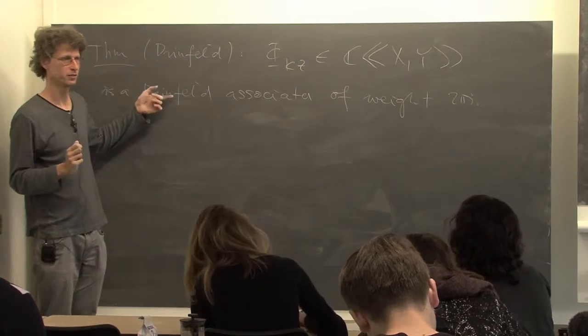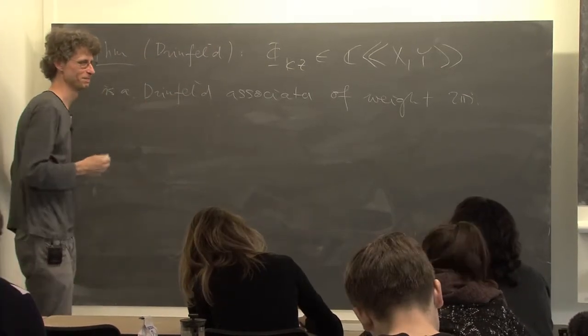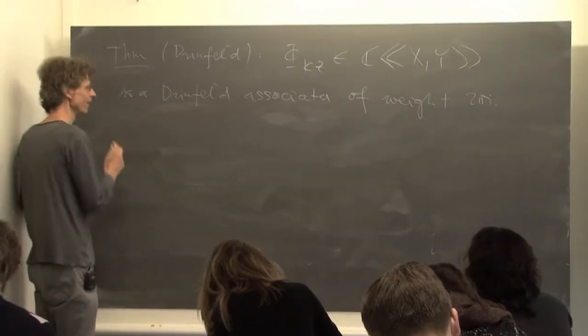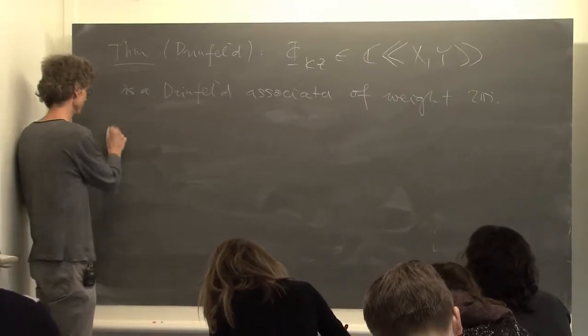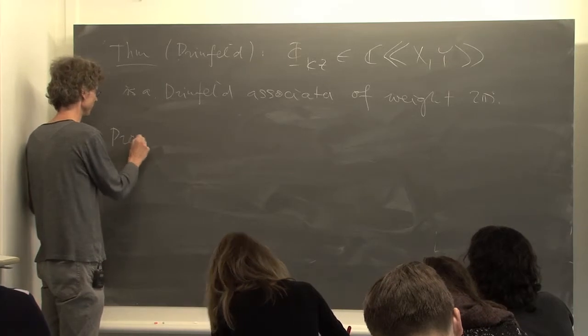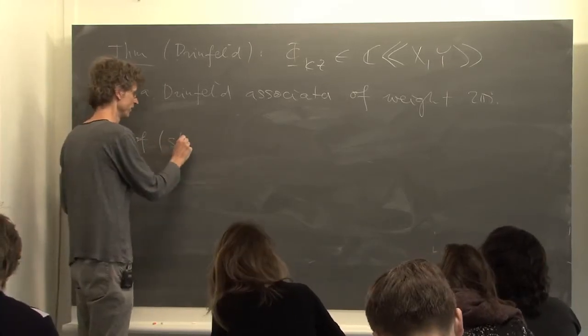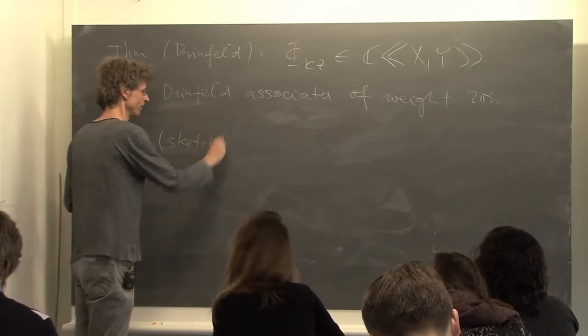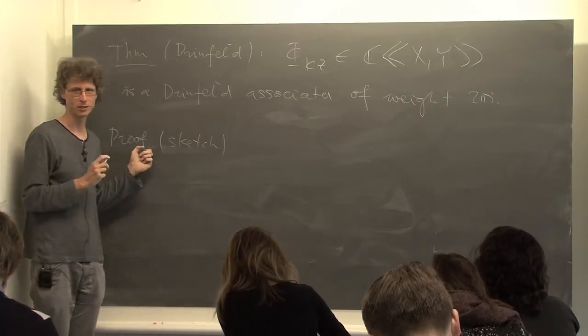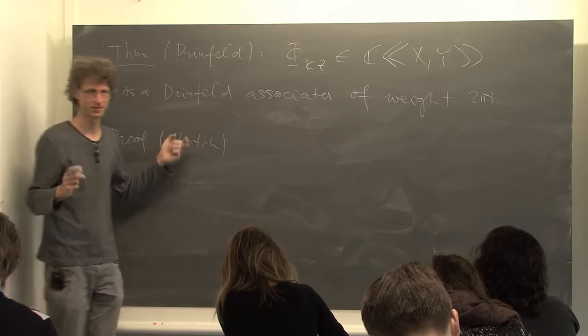I guess he didn't call it the Drinfeld associator, but let's use this notation. And now you'll be surprised that when I add here to prove, it's just a sketch, because the previous proofs were not sketches.